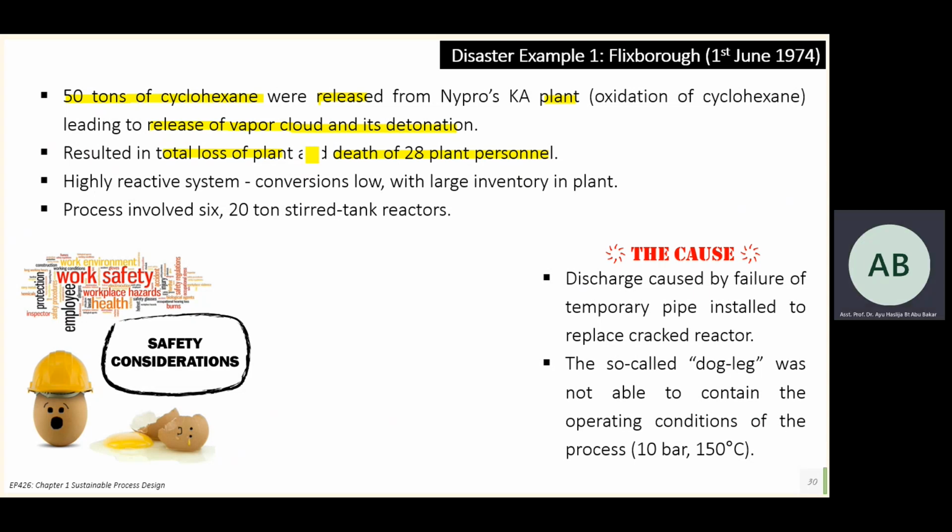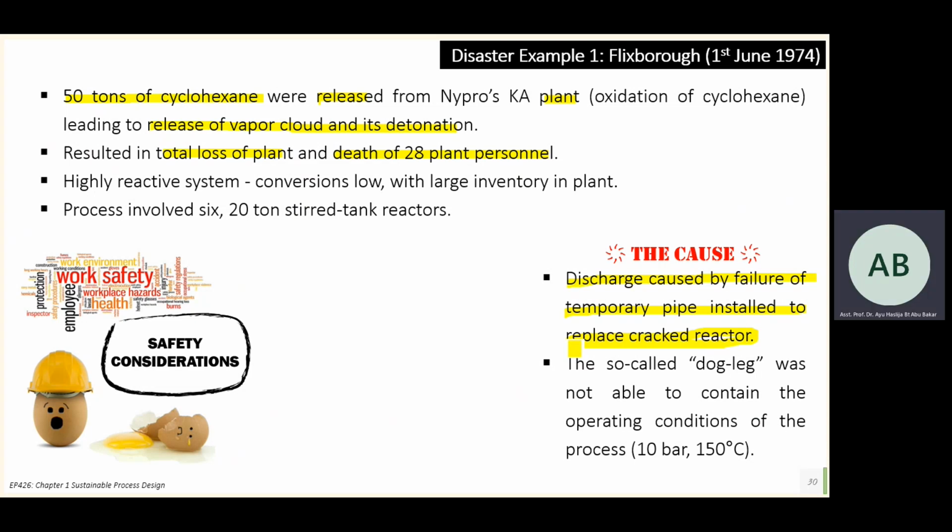So that's why you really need to check your process flow specifically. Identify is there any problem? What type of control instrument do you need to install in order to avoid this kind of issue? The cause over here: discharge caused by failure of a temporary pipe installed to replace a cracked reactor.